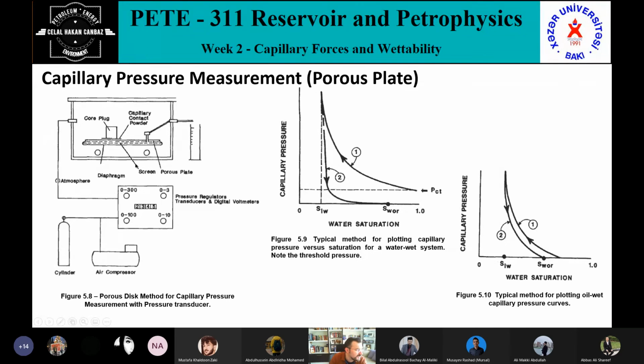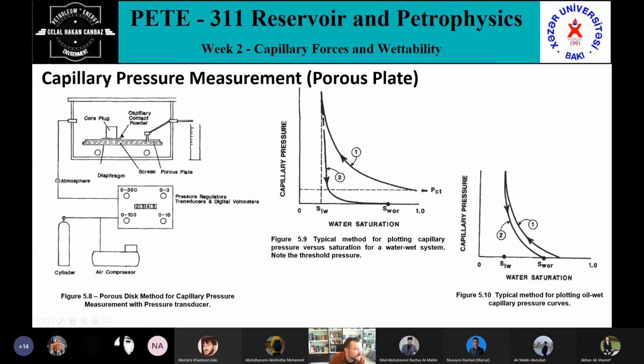It is a closed chamber, and your core plug is put here, with capillary contact with a powder. There's a screen here and the porous plate, and the difference between this diaphragm and the powder is reflected to this part.